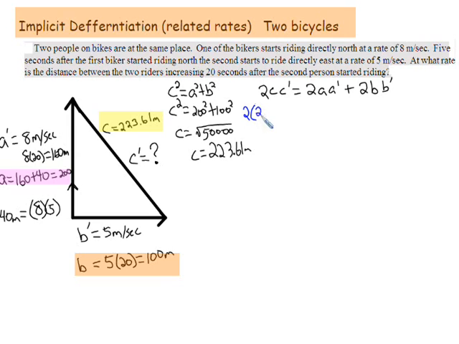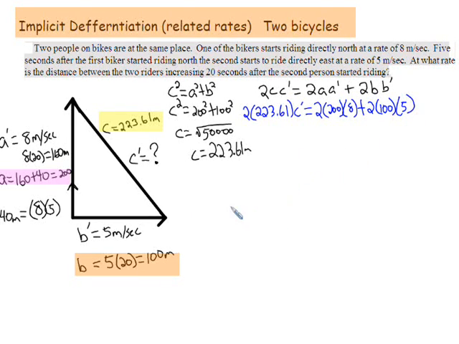C is 223.61. C prime, I don't know. That's what I'm trying to figure out. 2 times A. A is what? 200. So you just got to make sure that you plug everything in right. A prime is what? 8. 2. B is 100. And then B prime is 5.